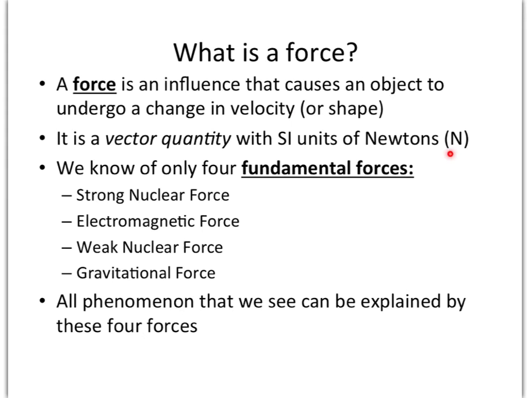The only difference is that a newton is roughly about a quarter of a pound, a little less than a quarter of a pound. So pounds in the English system, newtons in the metric system. And we'll compare that to mass a little bit later. We're used to pounds in the English system, but the international system would call them newtons.